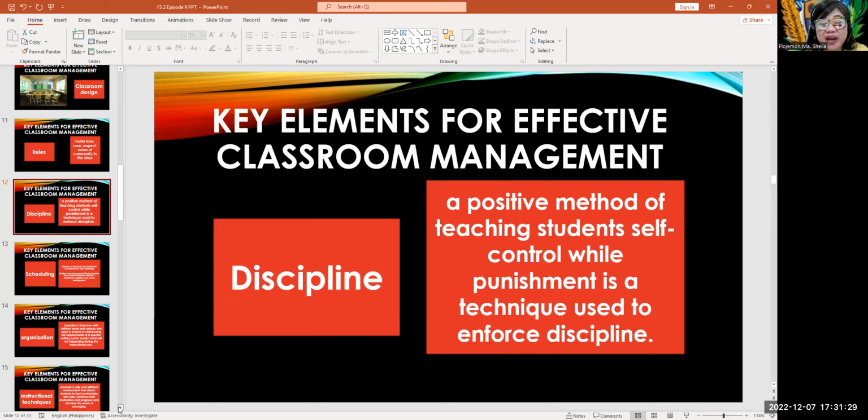This will ensure fairness and consistency in dealing with your students. Now, when positive discipline is followed, then rewards must be given for the good behavior that is done by your students. That is another key element.